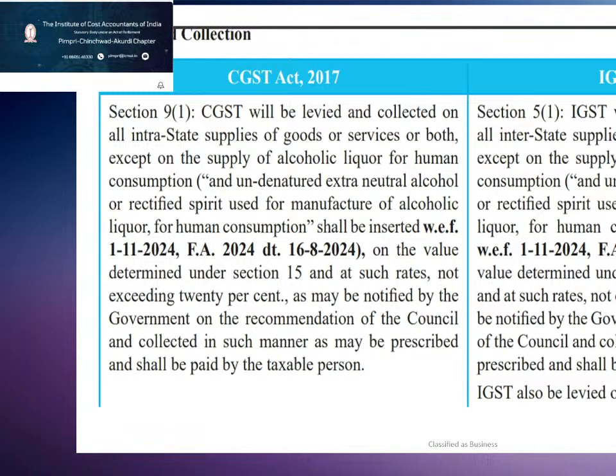Once the receiver receives the goods, he makes payment to the supplier, and it includes GST as well. The supplier deposits it to the government. In the reverse charge mechanism, the receiver makes payment to the supplier without GST, and while making the deposit to the government, he has to pay the GST as well.